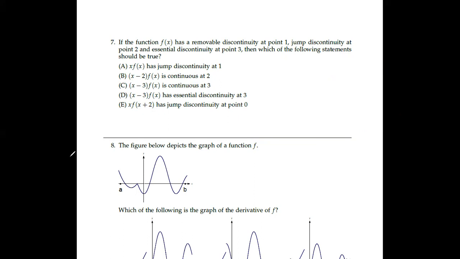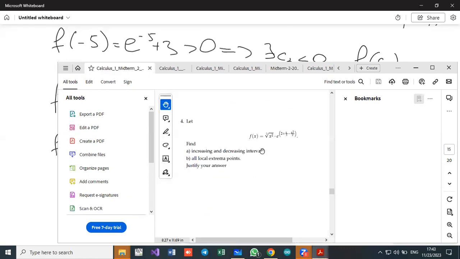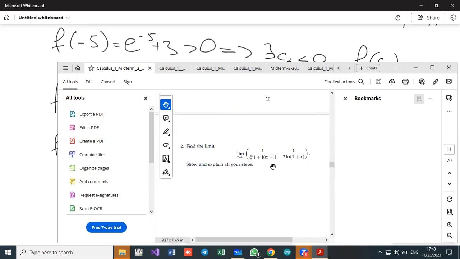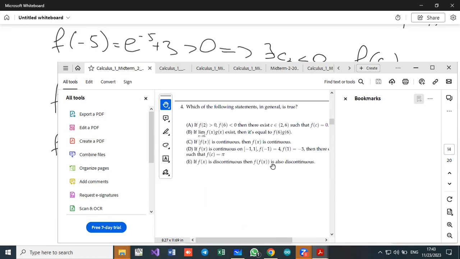Multiple choice for 2022. So we should find the true statement.